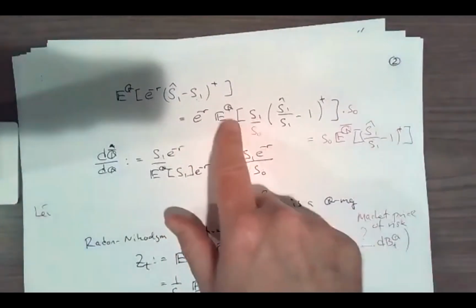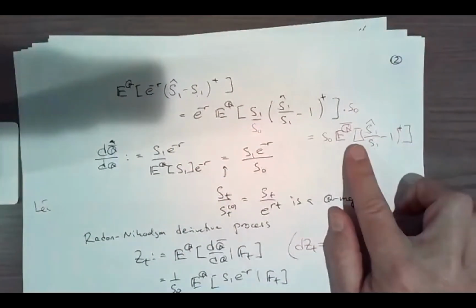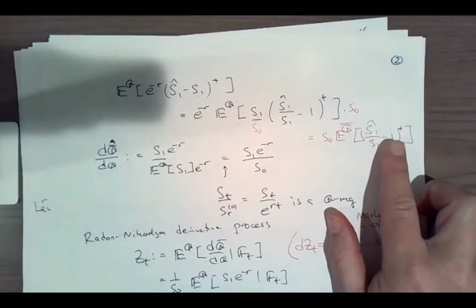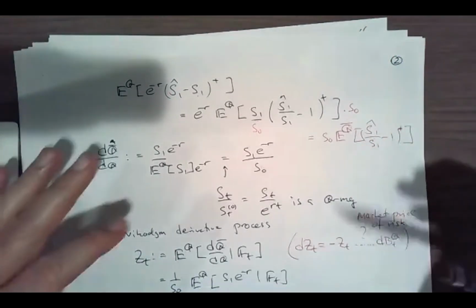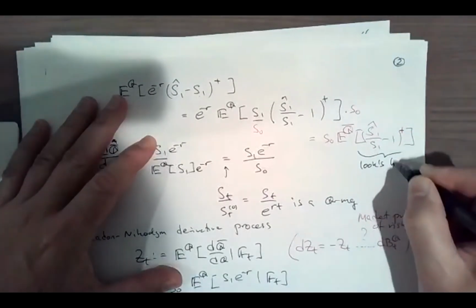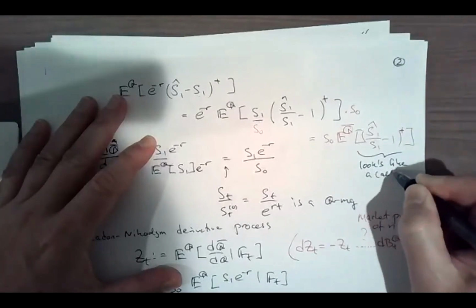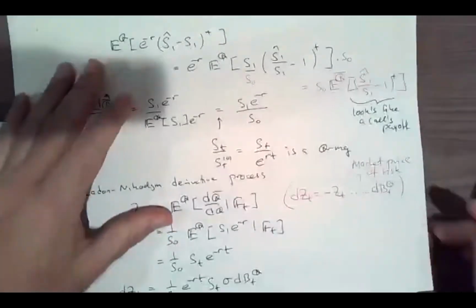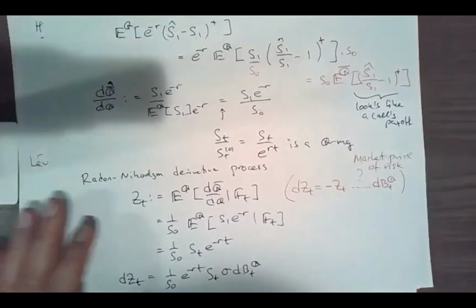But if you pull out this factor, you see this looks like a standard payoff, because you have minus 1 here. This thing here looks just like a call payoff, and those you have done before.